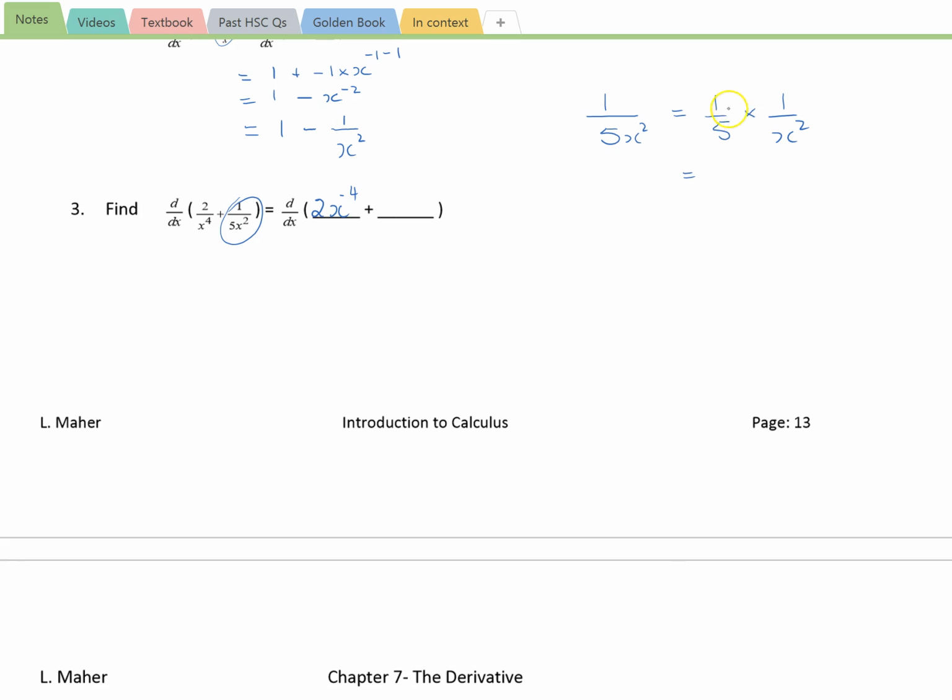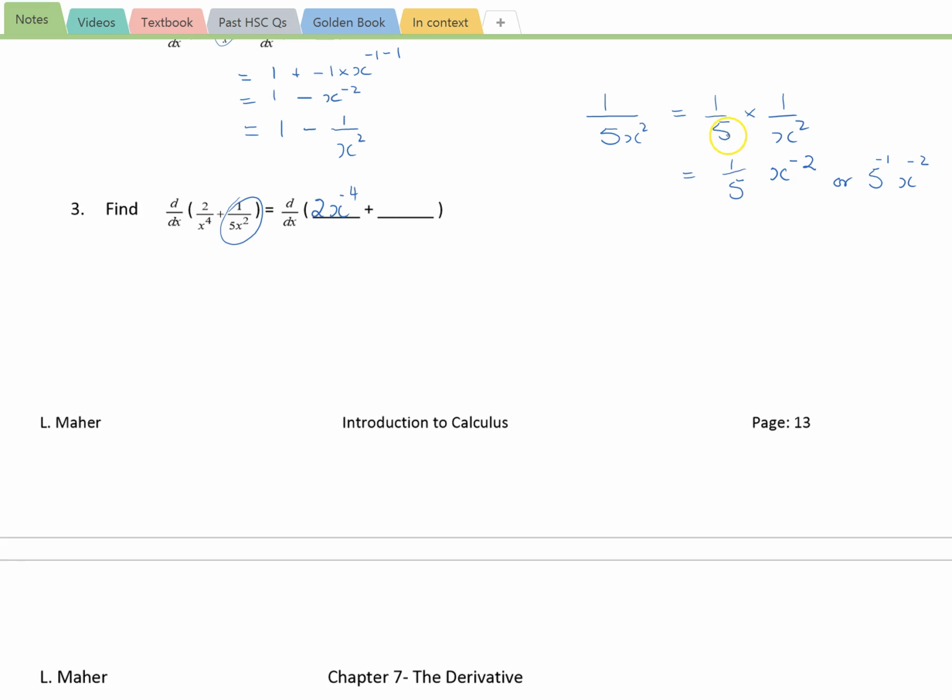Now, we can leave 1 over 5 because we're not differentiating 1 over 5. It's just a number out the front. But this 1 over x squared, because we're going to be differentiating with respect to x, needs to be written like that. You can bring the 5 into the numerator, but make sure you call it 5 to the minus 1, x to the minus 2.